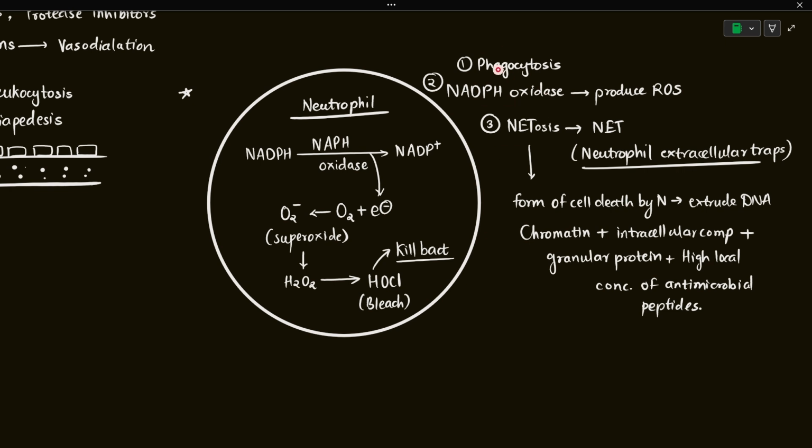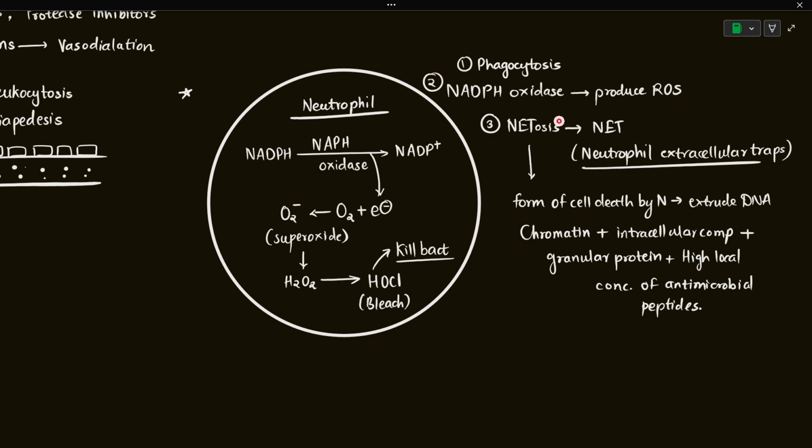So these are the different mechanisms used by the neutrophil to kill the pathogen. Simply phagocytosis can be done. The major way by which it does the killing is the production of ROS, but in a few scenarios it also does netosis. Netosis is a form of cell death of neutrophils. Well, netosis without the death of neutrophils also exists, but there's no clear evidence in vivo.